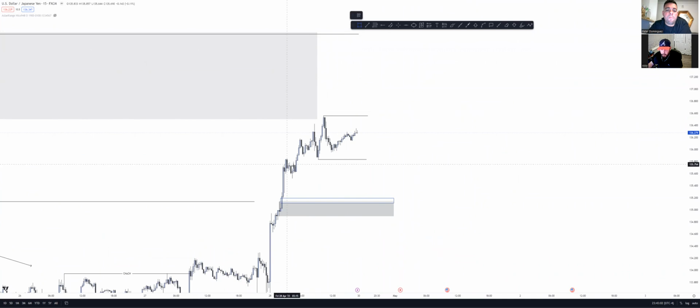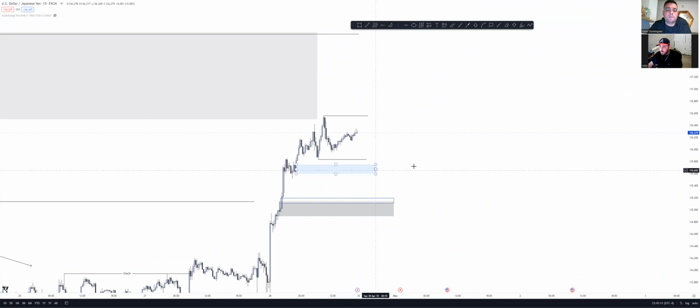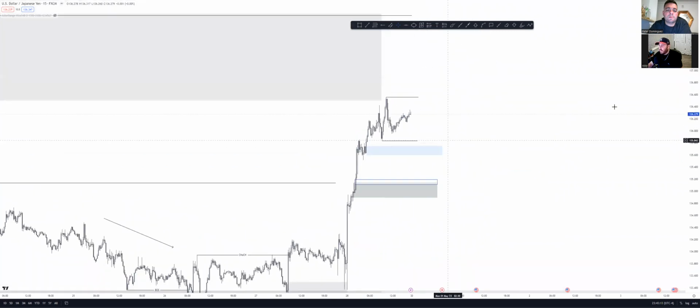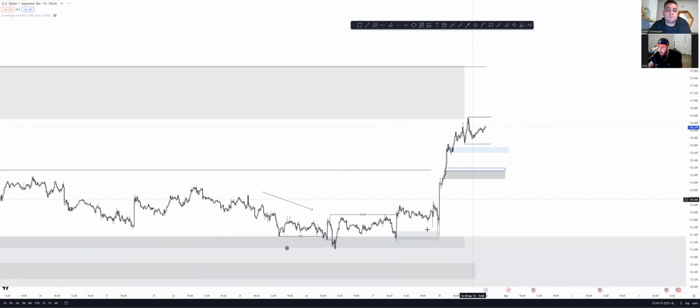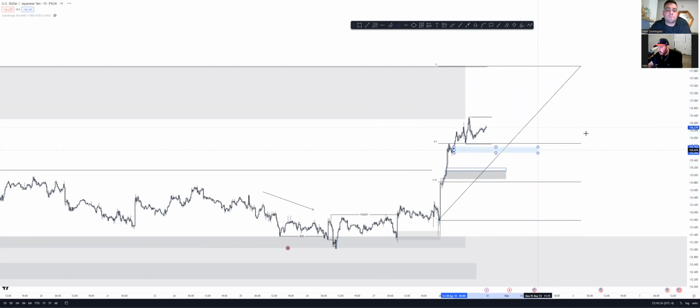We have a little area of demand right here, actually. So we still gotta let price do its thing. Since it's still not done pushing up, this push could potentially go up to here. And then the retracement could fall back into maybe this order block later down the road.